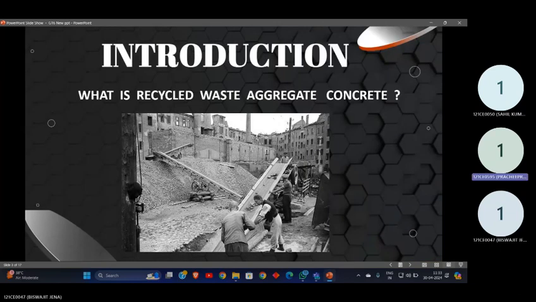So let me introduce you to the recycled waste aggregate concrete. What does it really mean? The recycled concrete aggregate is a term used to describe the material produced from construction and demolition waste, primarily consisting of concrete, but also including aggregate materials such as sand, gravel, slag, and crushed stones.